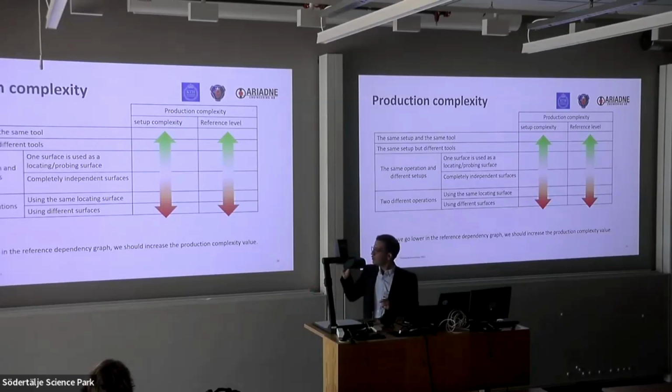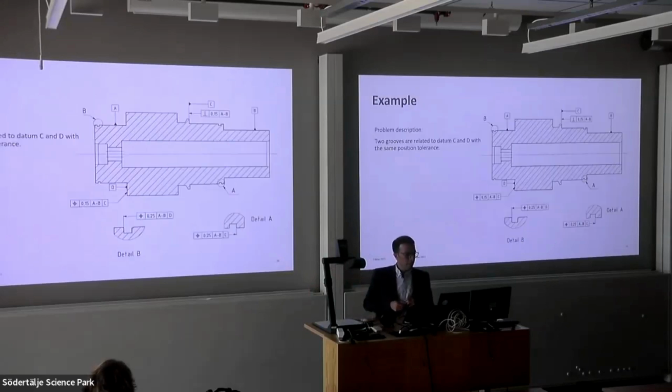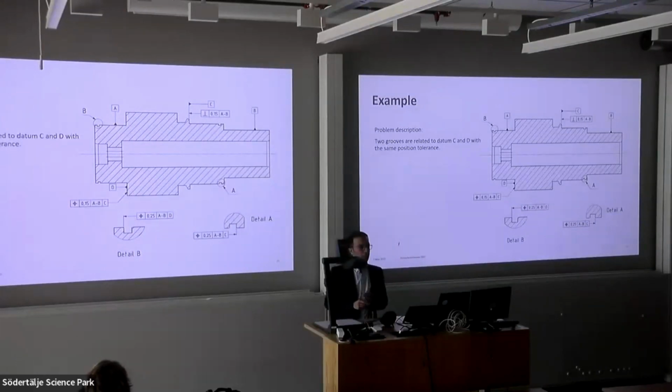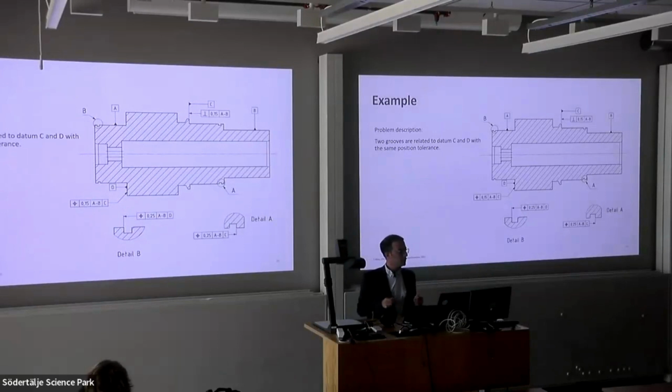So you have to think about those two at the same time, setup complexity and reference level, to calculate the production complexity. For instance, we have a part with two grooves, exactly the same dimension and shape. So we have the same requirement on those two grooves on the left-hand side and right.